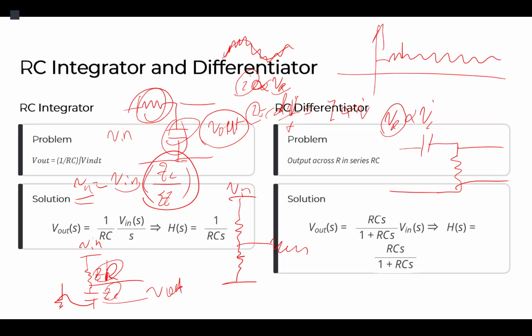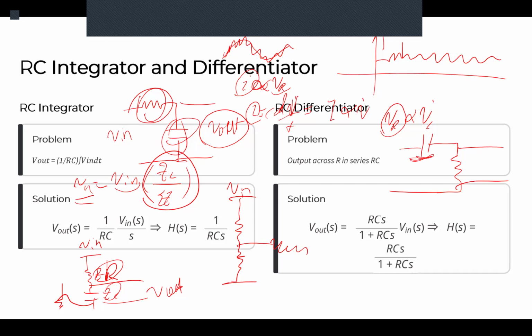You can simply run a KVL. This current here is going to be C V prime, okay? And this is going to be equal to V over R. So V out is going to be RC times the differential of VC. Correct? What is VC? It's V in minus V out.